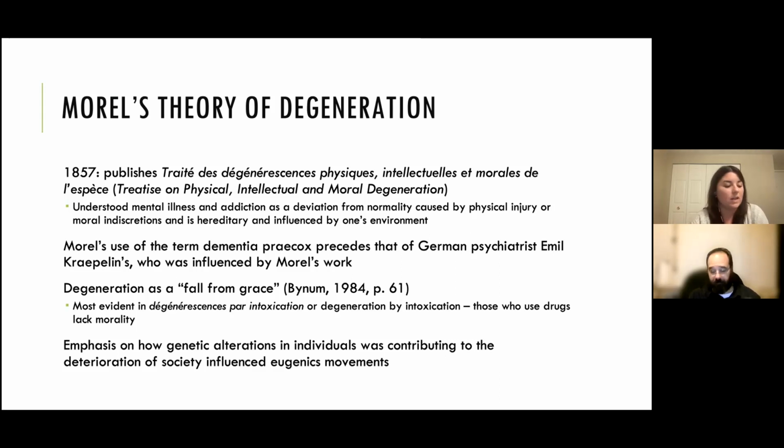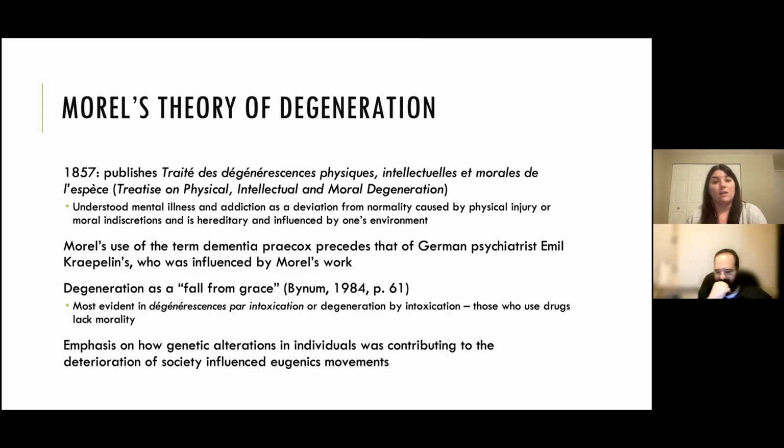They also both believed in taking preventative measures to address degeneration, such as educating the public, taking measures to eliminate alcohol use and syphilis, improving living and environmental conditions, and providing assistance to the poor. So again, both Kraepelin and Morel had very similar shared ideas.